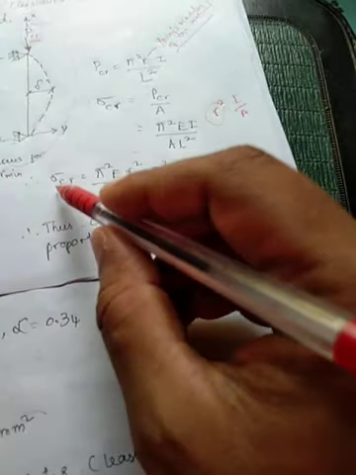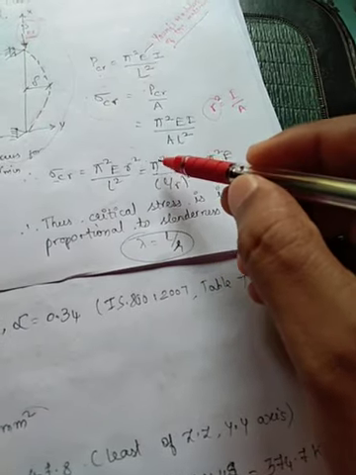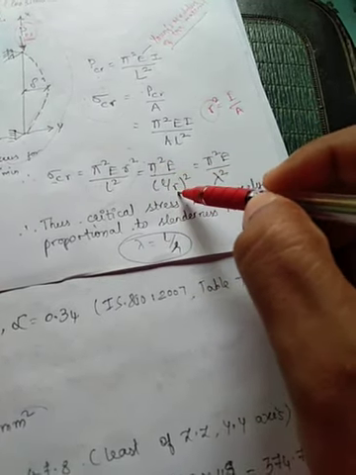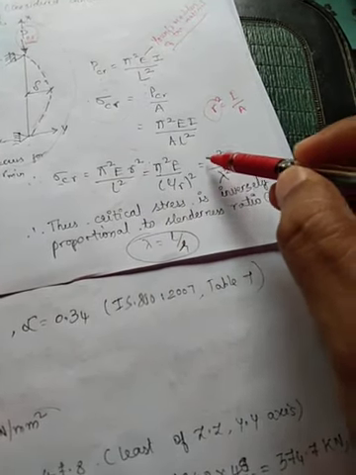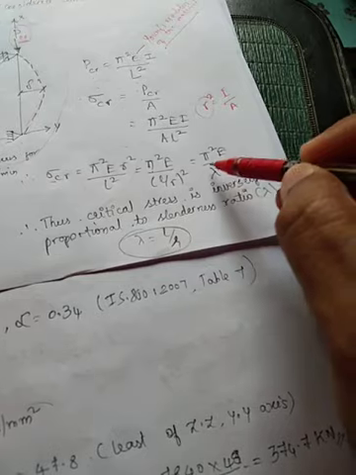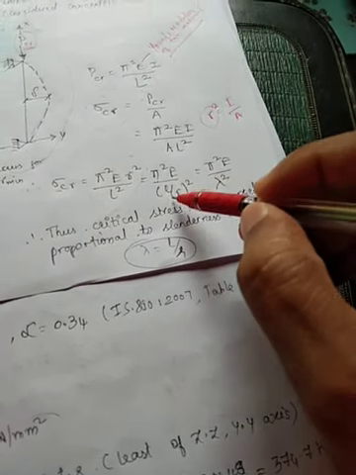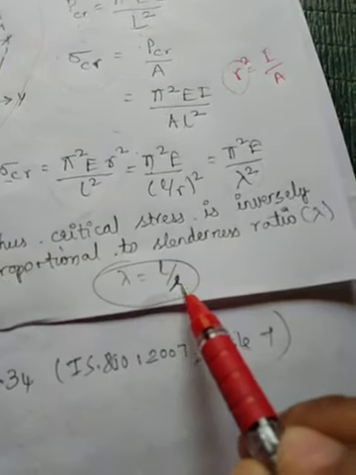So sigma CR equals pi square E R square by L square. Modified again, pi square E by (L by R) square, that is, pi square into E by lambda square, where lambda is L by R.